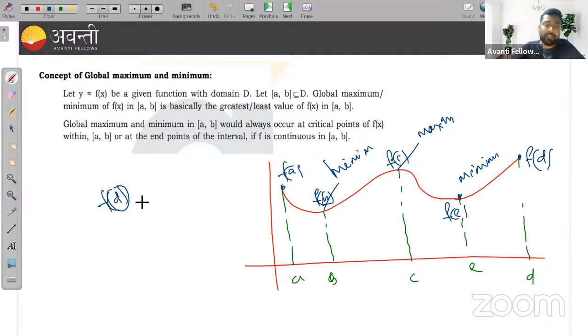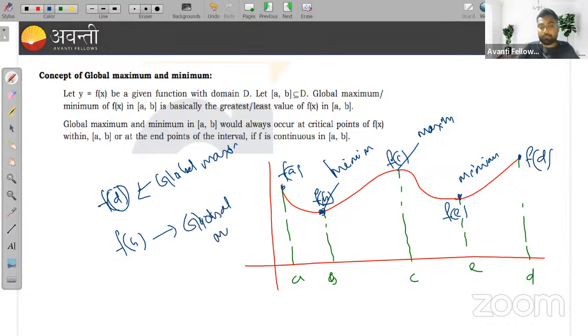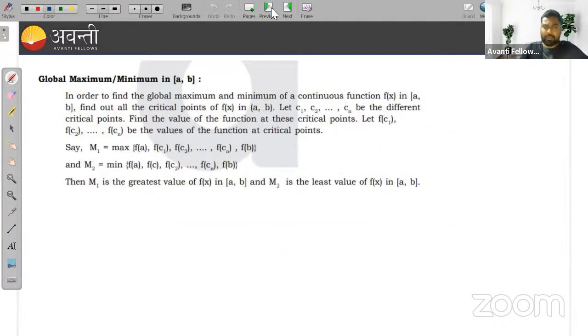Right? That means ये हो गया मेरा global maxima. ठीक है? And सबसे नीचे वाला जो वैल्यू तुम्हें मिल रहा है, suppose here f of b, सबसे छोटा वैल्यू जो मिला तुम्हें, that is global minima. ठीक है, so this is all about your global maxima and global minima, and already I told you these things.